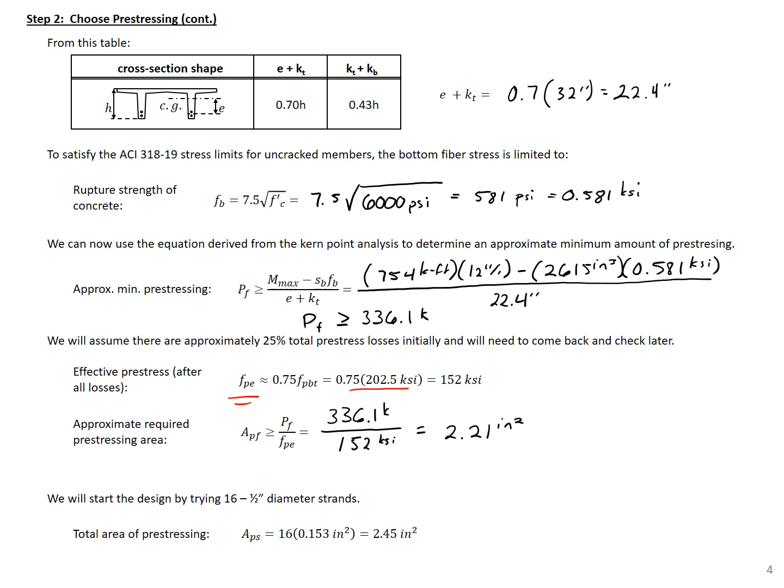We can try using 16 half-inch diameter strands, which will give us a value that's greater than this 2.21. So this will be the amount of prestressing that we'll try in our initial design.